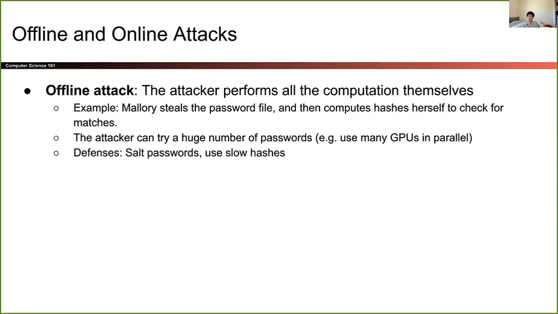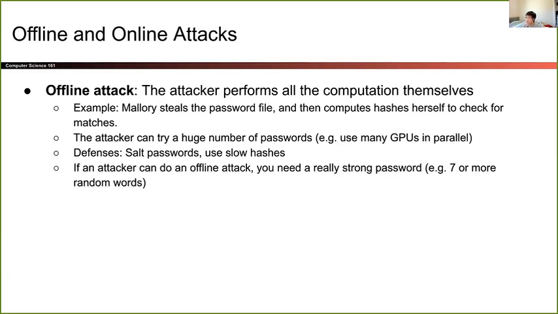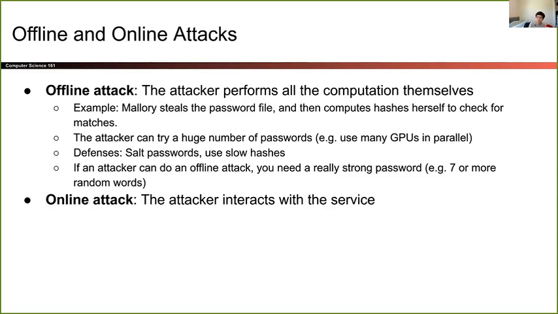The defenses against offline attacks generally are making sure you're using salted password hashes and slow hashes, just to increase the amount of computation that they need to do. Even with salted passwords and slow hashes, you're still going to want a really strong password, because even if you're hashing the thing 10,000 times and salting it, if your password is 3 characters, it's still going to be trivial to break no matter how many iterations you do.